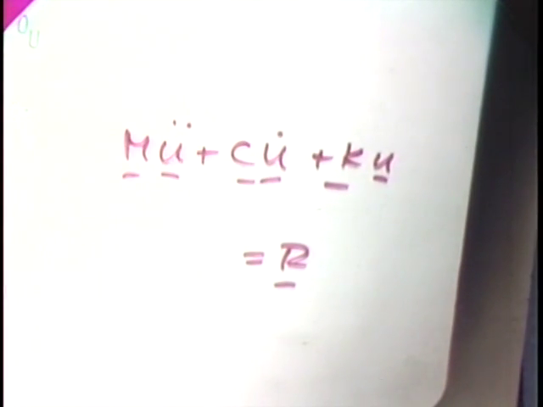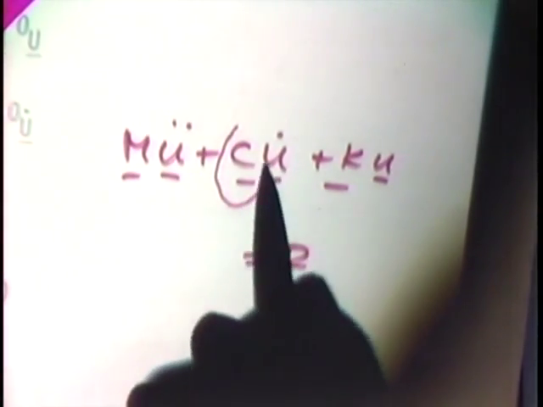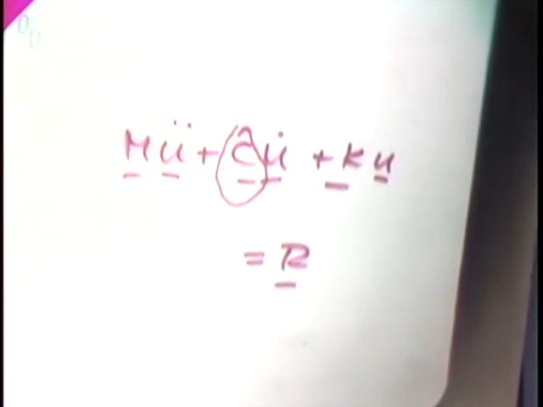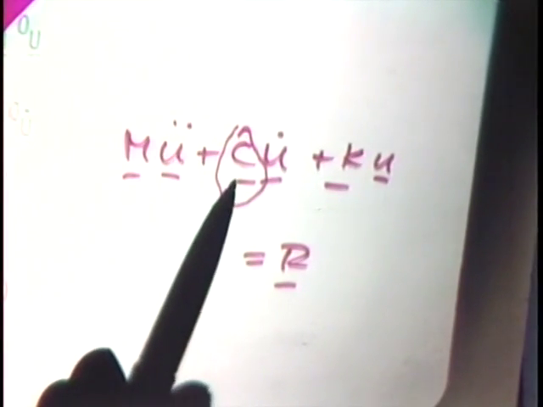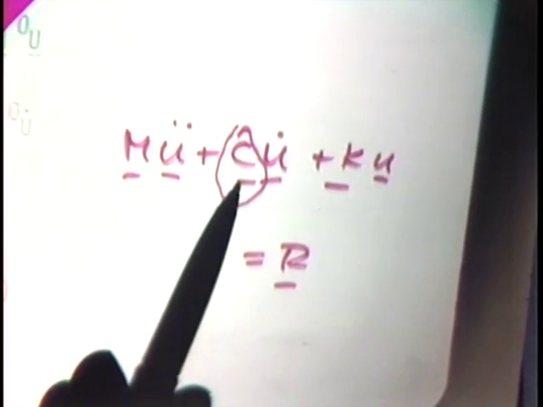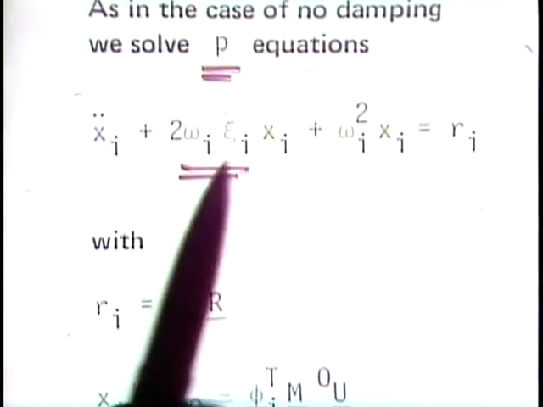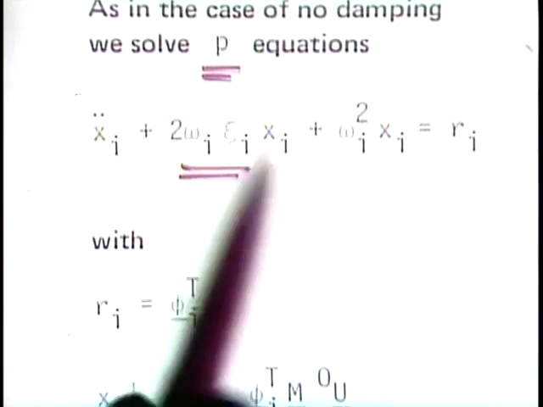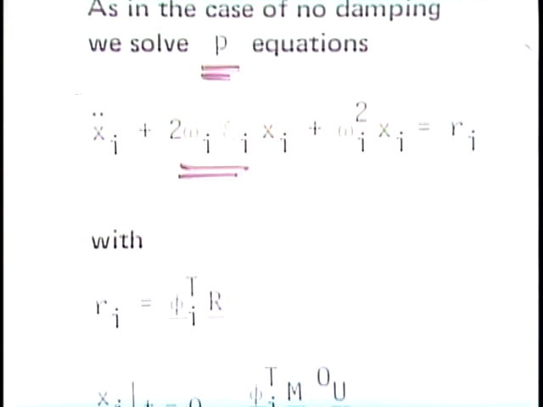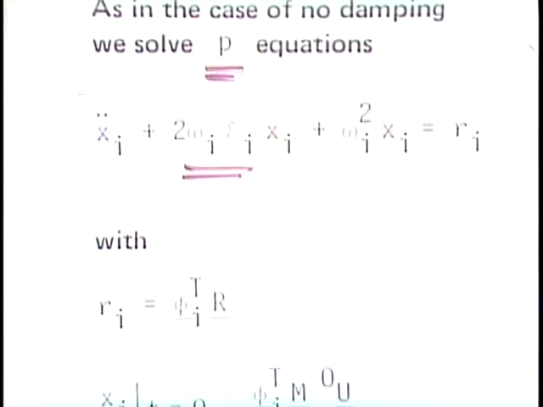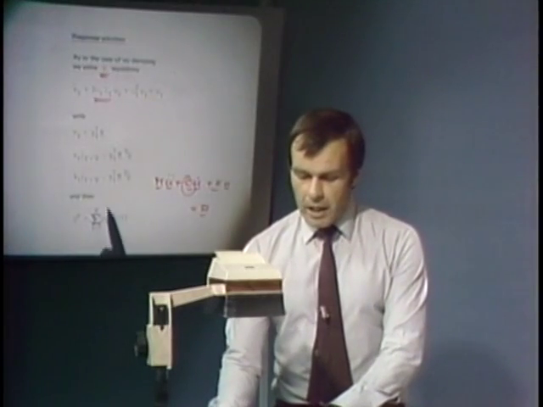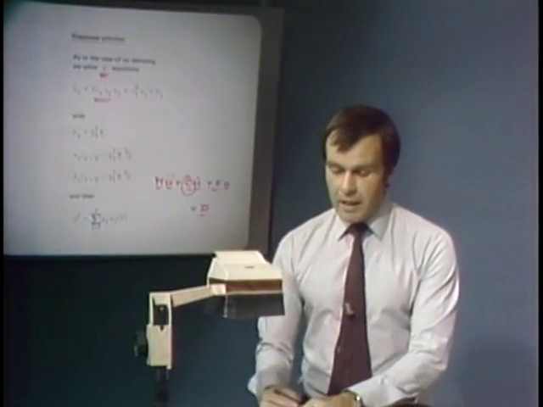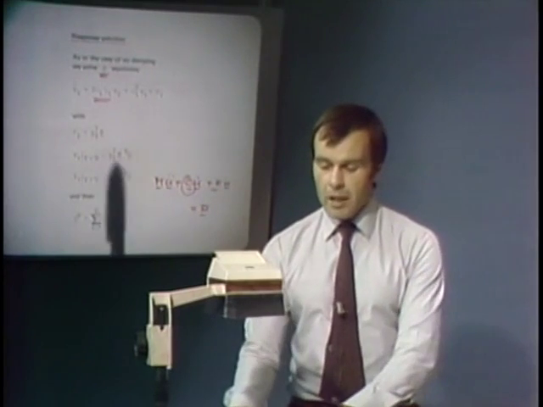However, and this is an important point, we have a specific C matrix constructed such that the phi I transposed C phi j gives us a diagonal matrix with the diagonal elements being equal to 2 omega I psi I. And one of these matrices, for example, would be the Rayleigh matrix, or the matrix obtained using Rayleigh damping, rather.